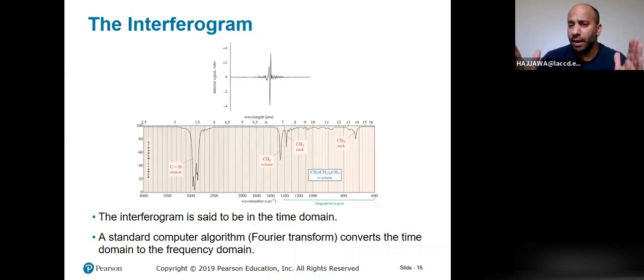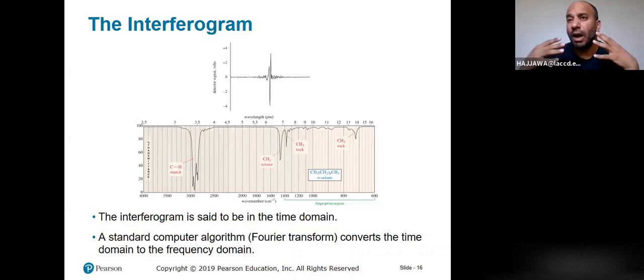The area of the IR usually goes from 600 reciprocal centimeter all the way to 4,000 reciprocal centimeter. In this area, there is what we call the fingerprint region. This fingerprint region, which goes from 600 to 1,400, is an area that we usually ignore. Why? Because there is going to be an overlap of peaks that makes that region useless.